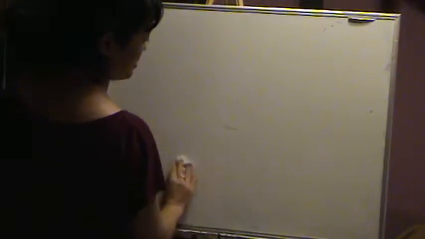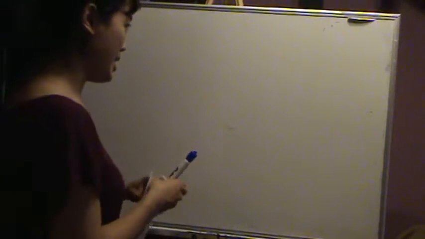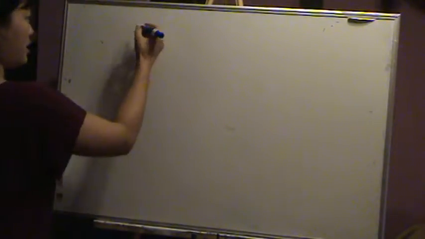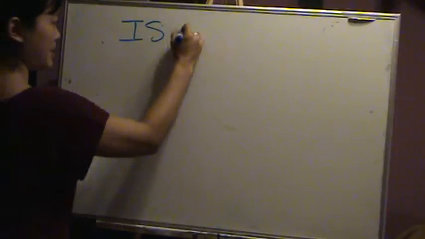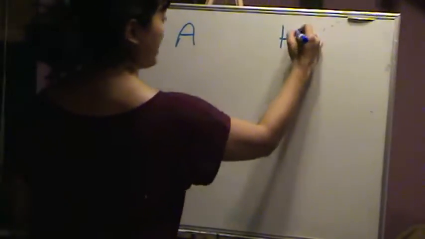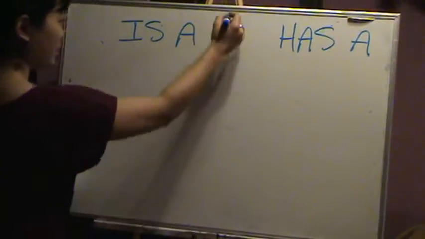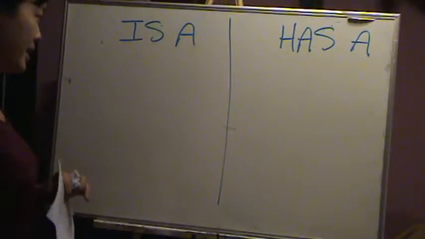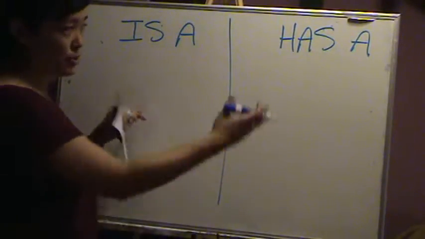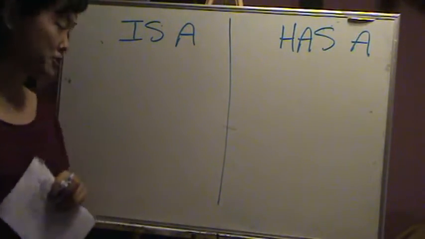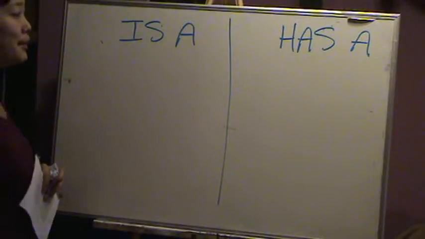I propose with a hypergraph that we can represent all knowledge with only the relationships is a and has a. Computer scientists will recognize these two relationships.